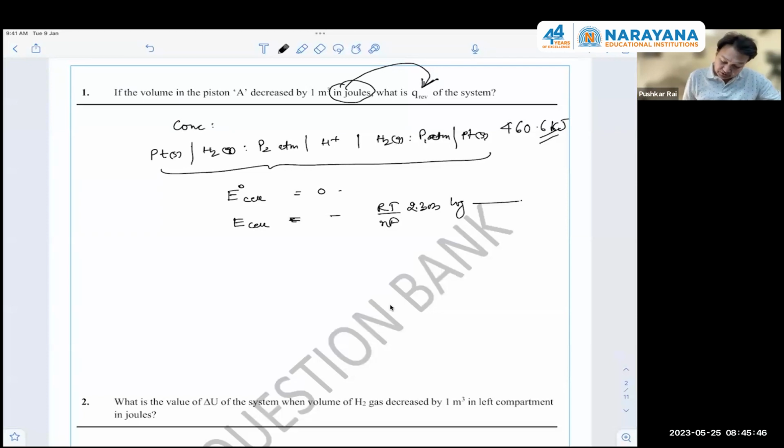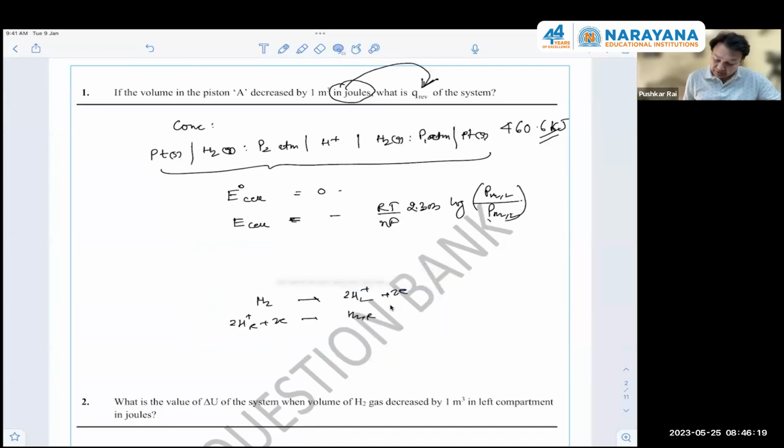In this particular case, H2 is changing into twice of H plus plus 2 electron on the left hand side, and twice of H plus plus 2 electron changing into H2 on the right hand side. Something like this will happen. And we have H plus left and H plus right the same, so they will cancel. This is the denominator: pressure of H2 in the right and pressure of H2 in the left. It will look like this.